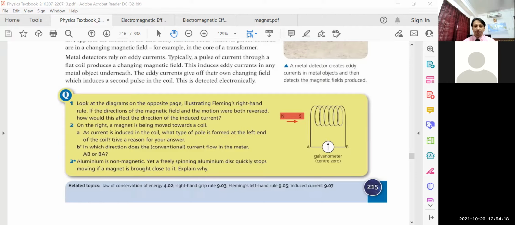Apply Lenz's law. Opposition should be there. May I get your answer in chat box, children, please? Send your answers. North or south?